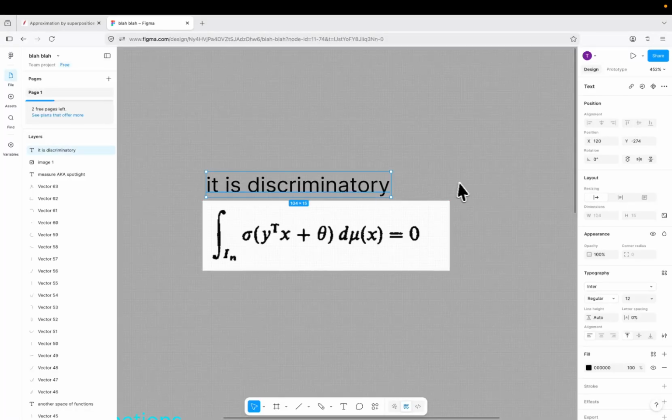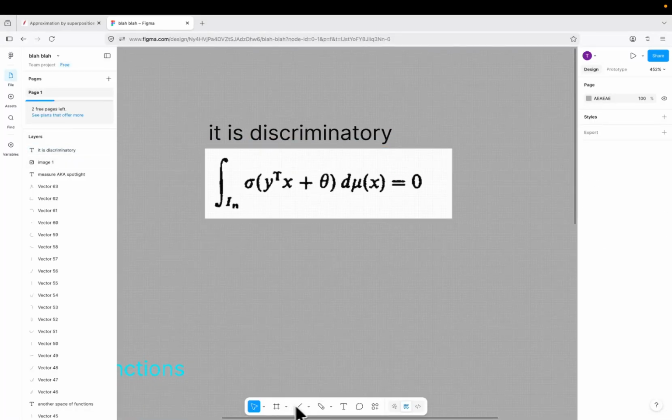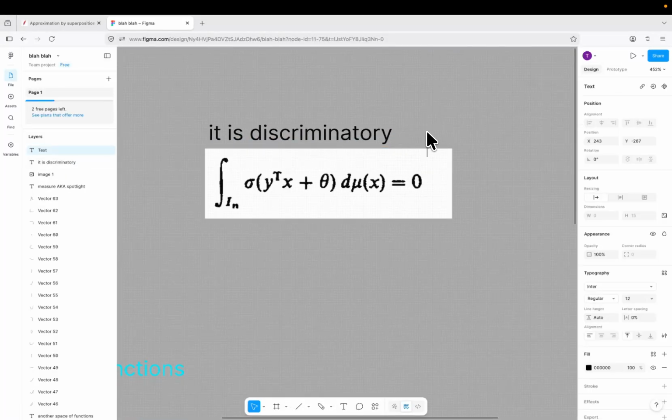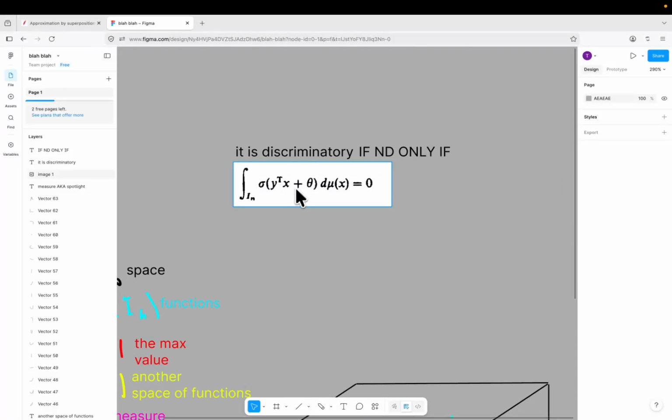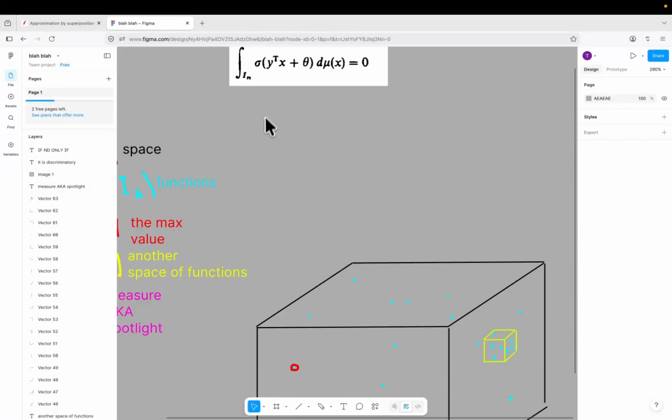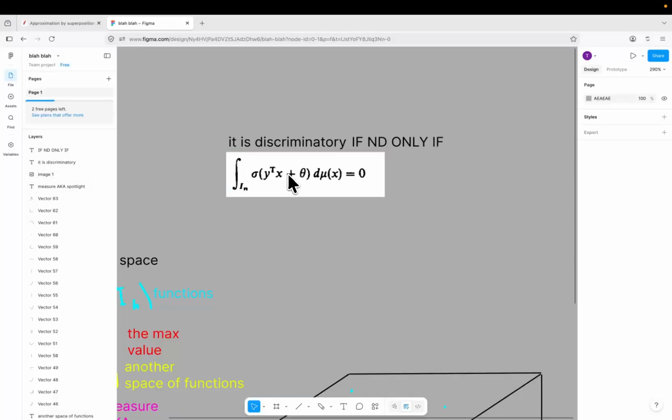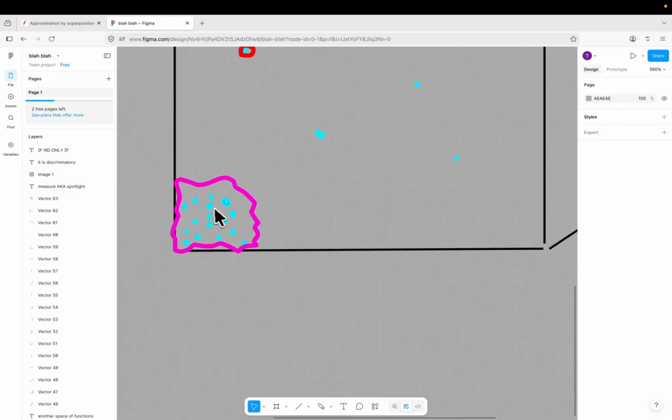It's discriminatory if and only if the measure is blind to all of the sigmoidal functions. Again, let's say that this subspace was not a linear subspace.